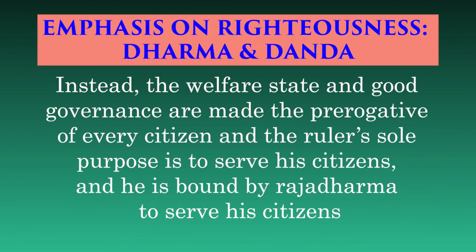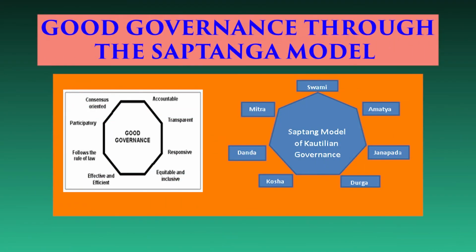In fact, welfare state and good governance is a prerogative of every citizen, and the sole purpose of the king is to ensure that the citizens are properly served. If you look into the 7 organs of the state, Swami, Amatya, Janapada, Durga, Kosha, Danda, Mitra, all these 7 elements are integrally related to the different conceptualizations of good governance.